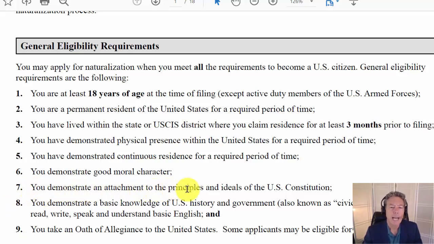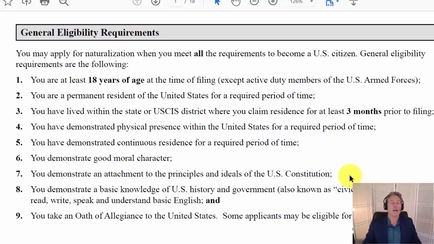You demonstrate an attachment to the principles and ideals of the U.S. Constitution. Right. So that means you need to know about the U.S. Constitution. So you need to do that civics piece and understand the basics of our government, how it all functions, the 100 questions, right? And that you are supportive of it, right?